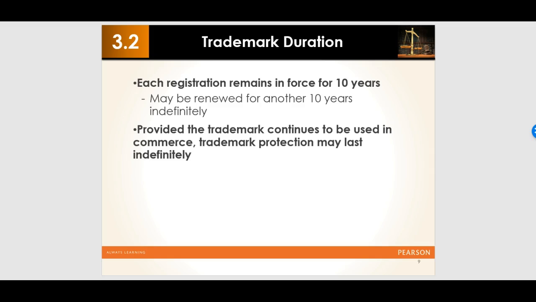The laws are applicable only within the boundaries of that country. So if you want trademark protection in other countries, you have to apply and register in those countries. And in those countries, most likely it will be possible to renew indefinitely after either 10 or 15 years, depending on that country's specific length of protection.